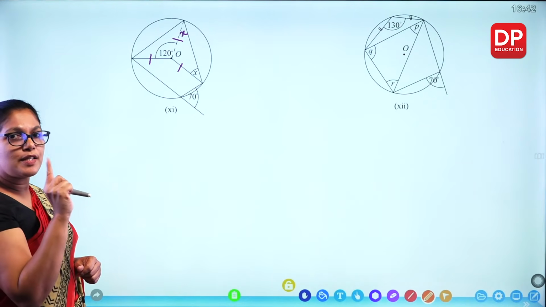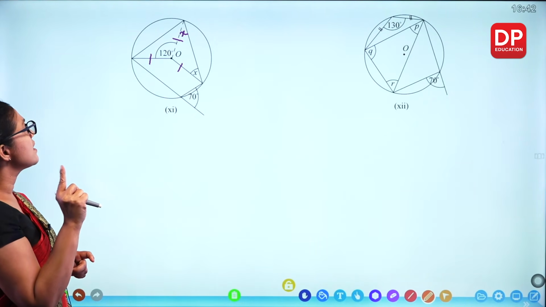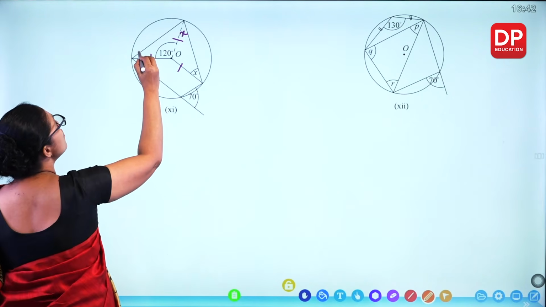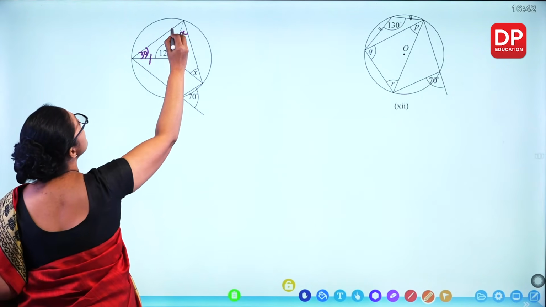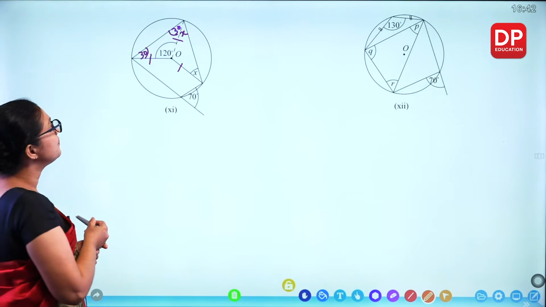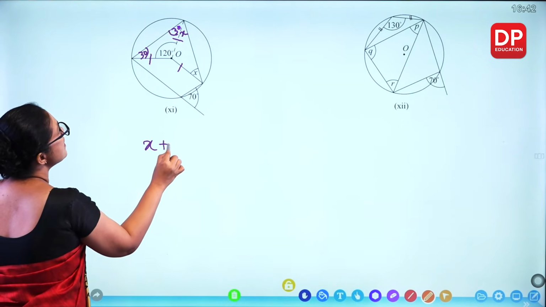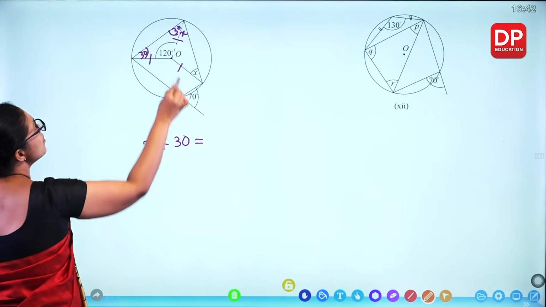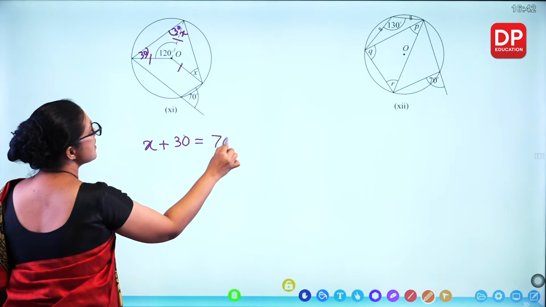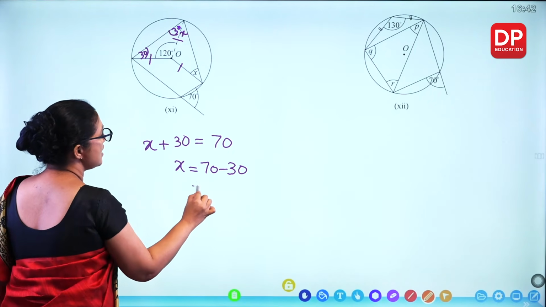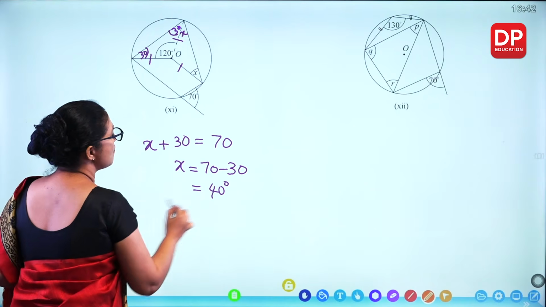So 180 minus 120, you get 60. 60 divided by 2, 30, 30. Now, what's the relationship with this exterior angle? x plus 30 is equal to 70 degrees. So what's x? 70 minus 30, that's 40 degrees.